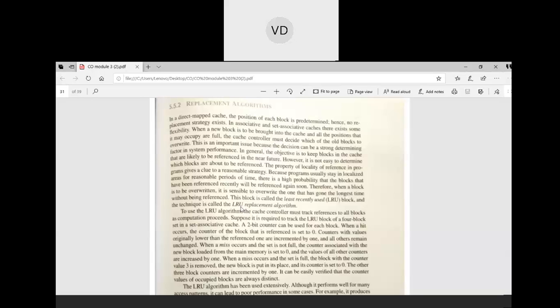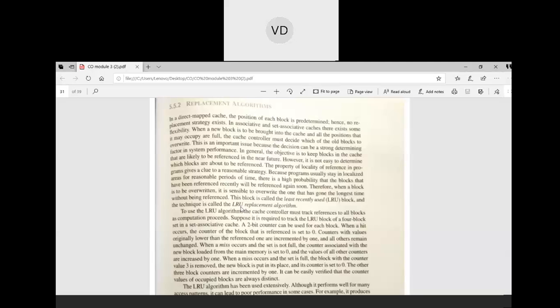Block number 2 is used less than block number 1. For example, block number 1 is used 4 times, block number 2 is used 3 times, block number 3 is used 3 times, and block number 4 is used only 1 time. Even though block number 4 has come now, it is used only once, which is the least used. So block number 4 will be replaced.